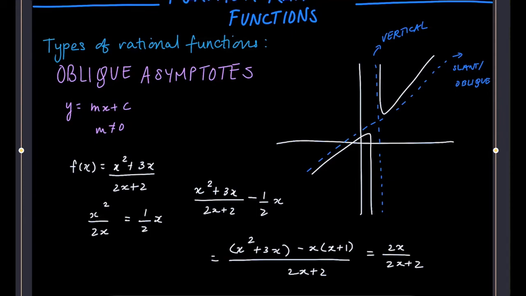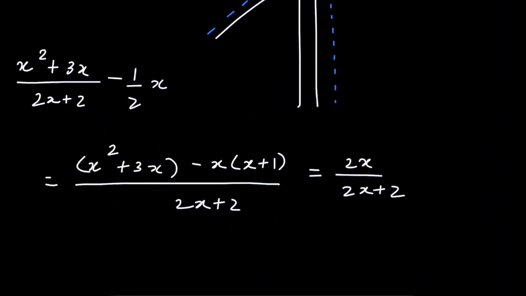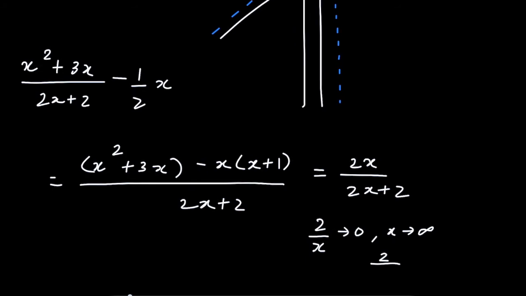So if we replace our x with 1 over x, we will see eventually that 2 over x approaches 0 as x approaches infinity, and so the whole quotient approaches 2 over 2 minus 0 equals 1 as x approaches infinity.